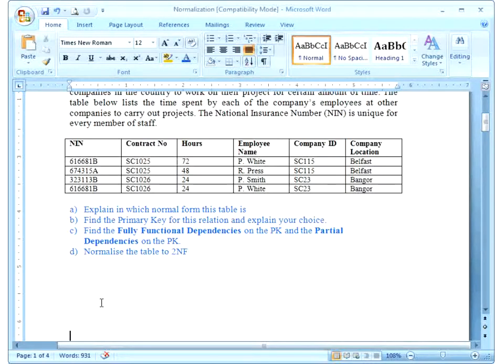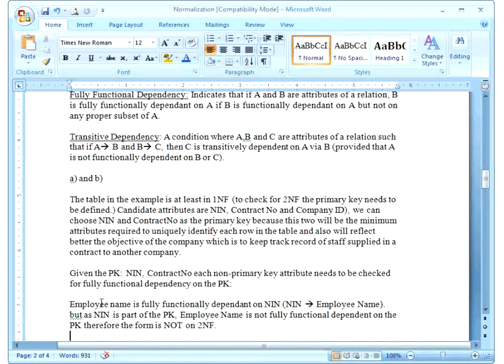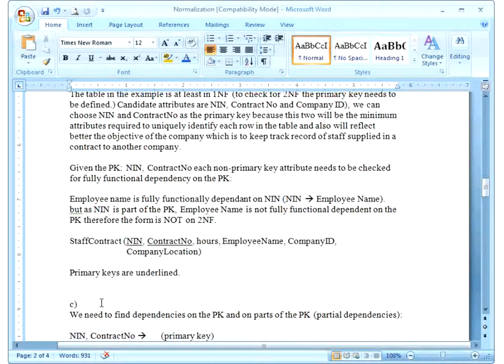First of all, we said that this table is in first normal form because there are no duplicate values in a single column. Then we said that the primary key is national insurance number and contract number. Now we'll see how the dependencies are going.